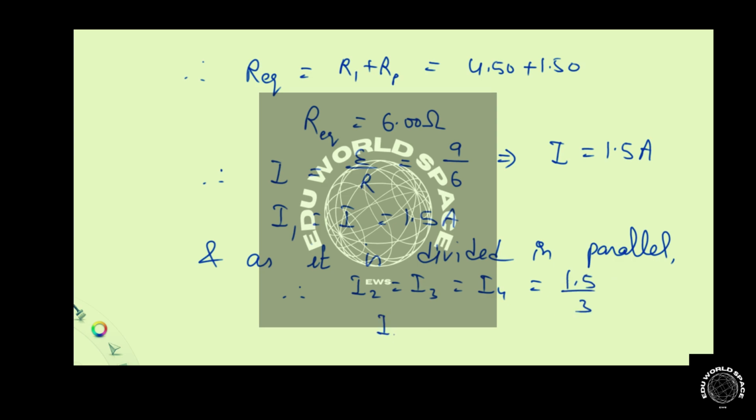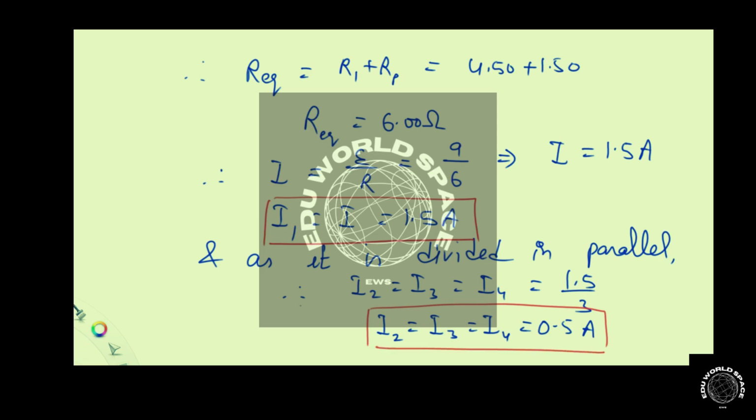So all these three currents are calculated to be equal to 0.5 ampere. So these are the answers for the first part of the given problem here.